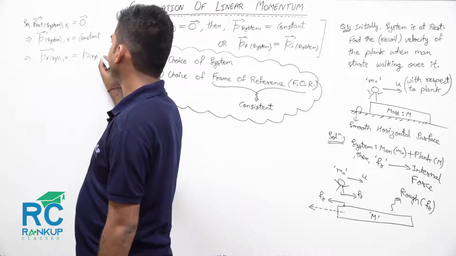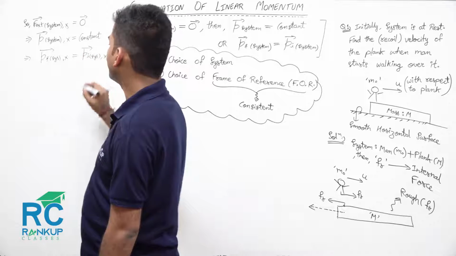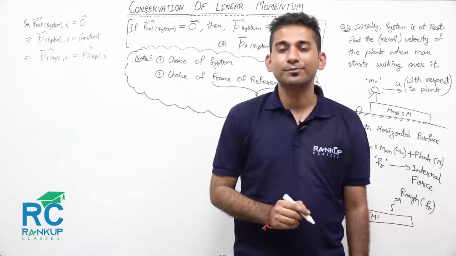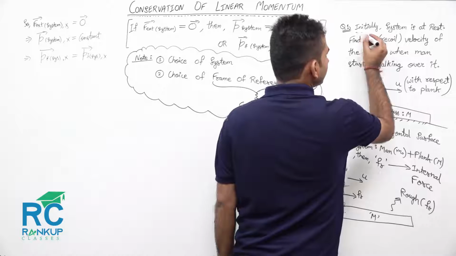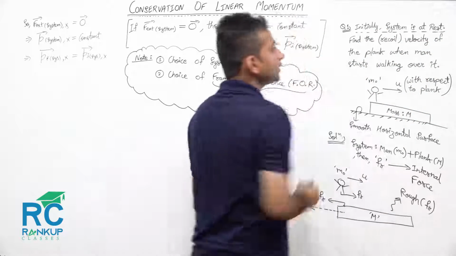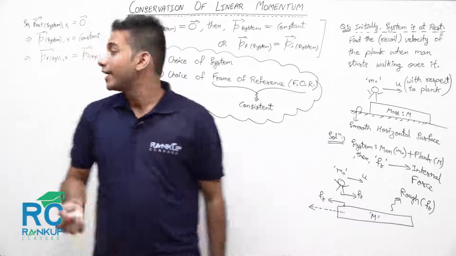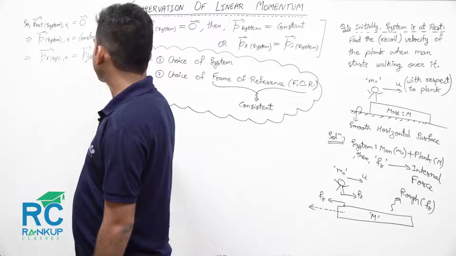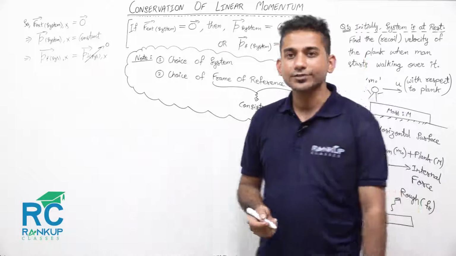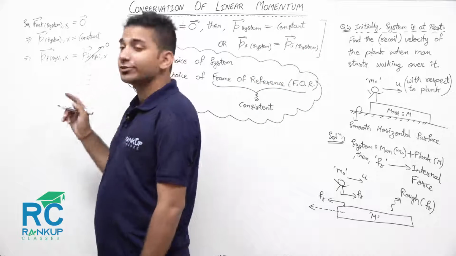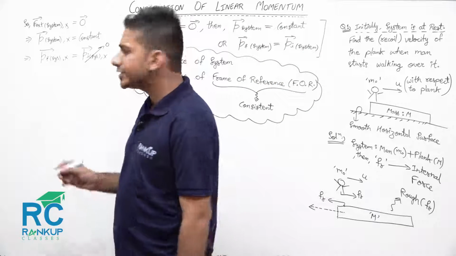But what is the initial momentum of the system? It is 0. Why? Because in the problem, the very first statement is that initially the system is at rest. And if the system is at rest, the initial momentum will definitely be 0. So if the initial momentum is 0, the final momentum must be equal to 0.